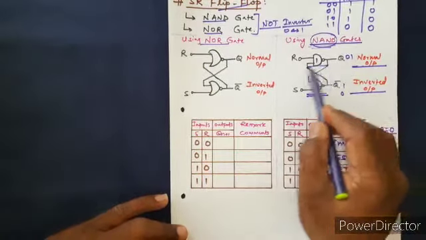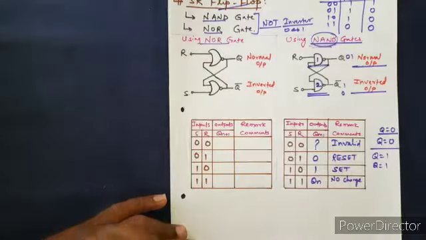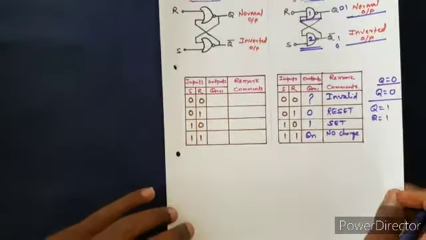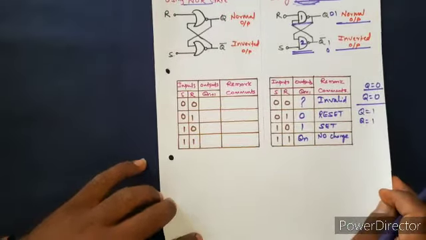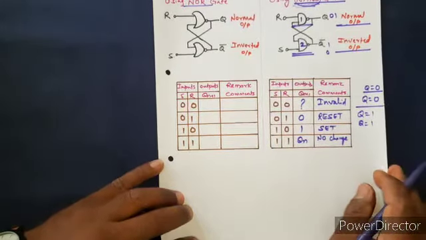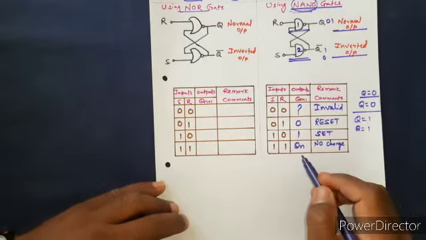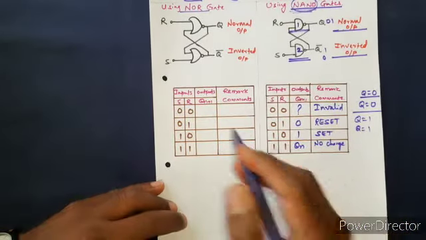So again, this is a very small, easy circuit for SR flip-flop using NOR gate. You can see these NAND gates are simply replaced by NOR gates. Now the truth table for NOR gate is slightly opposite as compared to the NAND gate, right?